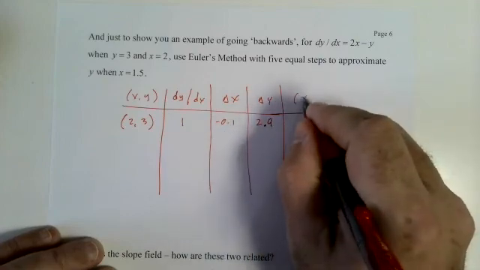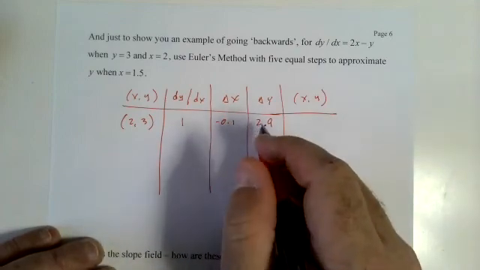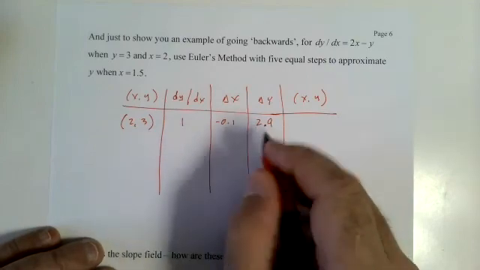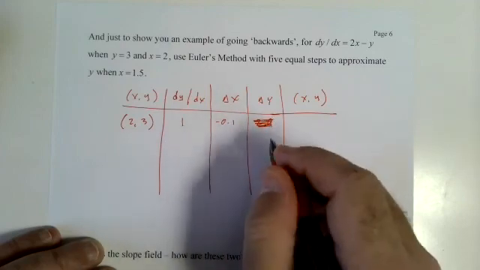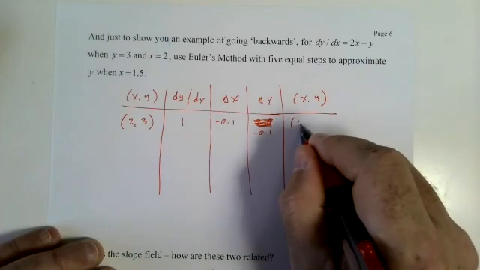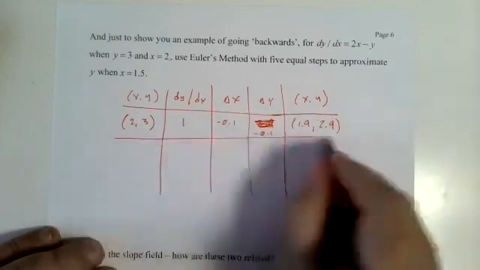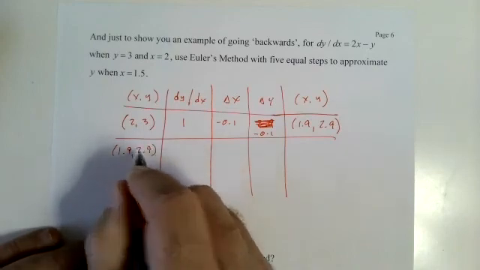And then your new x comma y would be, oh, silly. Where did I get 2.9 from? That is very weird. 1 times negative 0.1 is negative 0.1. So you would get (1.9, 2.9).